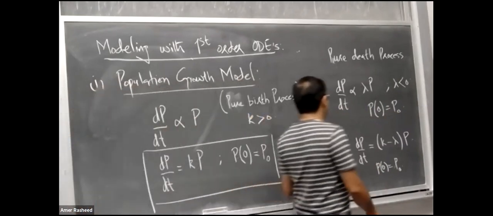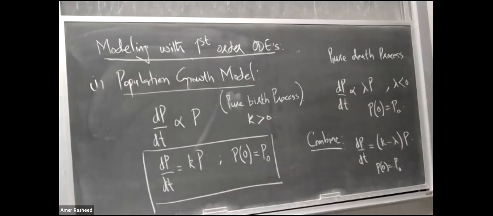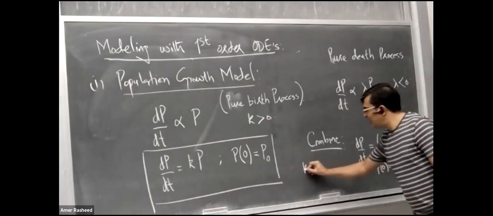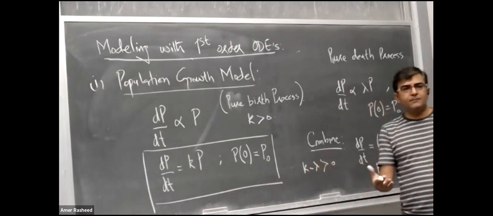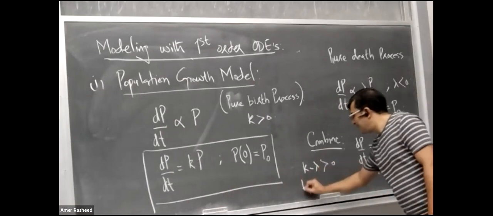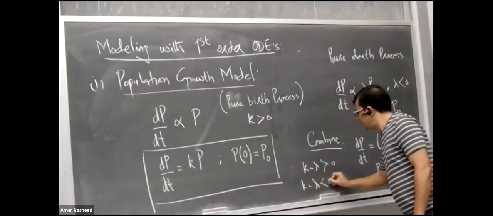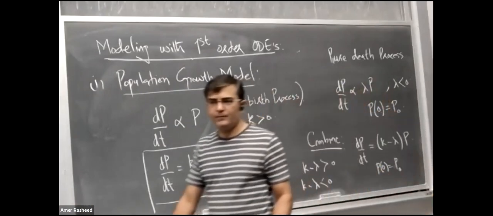But one thing which is important to mention here is that it depends now which one is greater. If K is greater than lambda, or you can say that if K minus lambda is greater than 0, then the population is growing. If K minus lambda is less than 0, then the population is decaying.